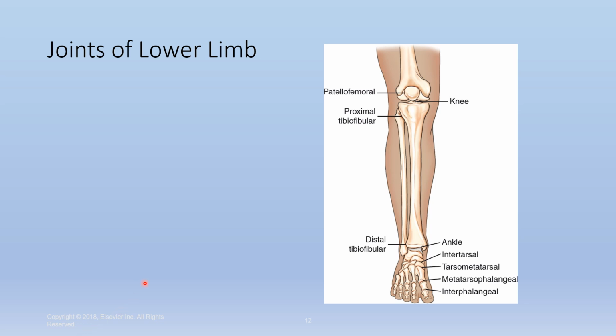The joints of the lower limb. There are several joints in the lower limb. We mentioned the interphalangeal, both proximal, distal, and just interphalangeal. We've also got metatarsophalangeal, tarsometatarsal, and intertarsal joints. You've got the ankle joint, the distal tibiofibular and proximal tibiofibular, just like radioulnar, proximal and distal.